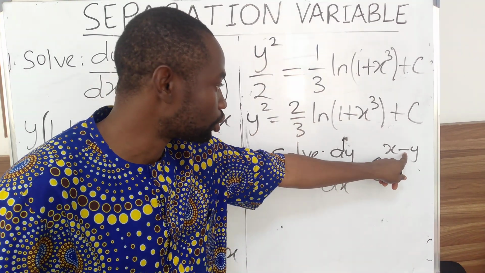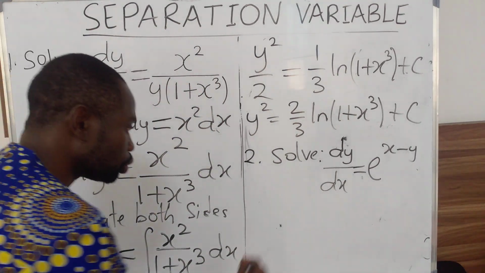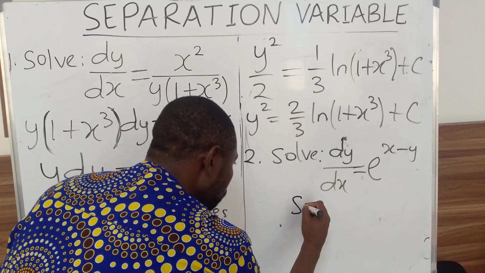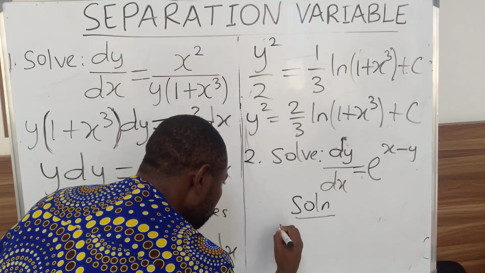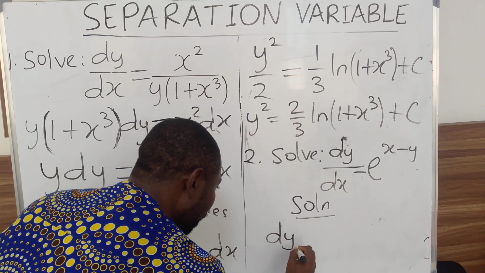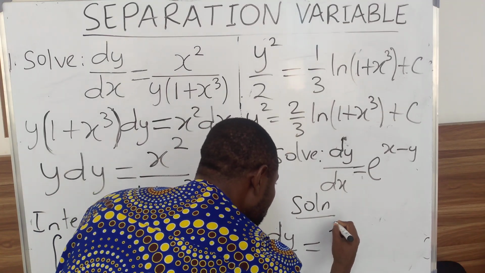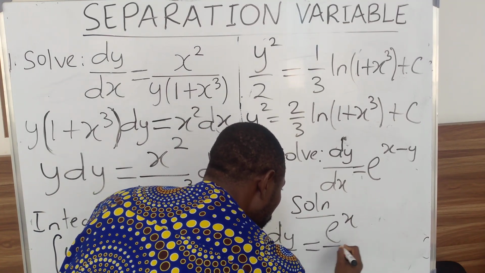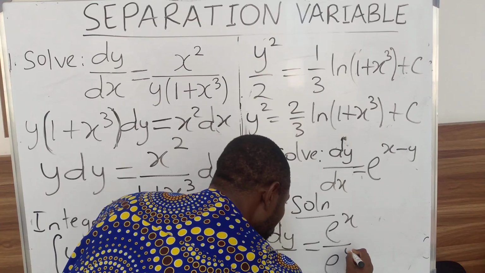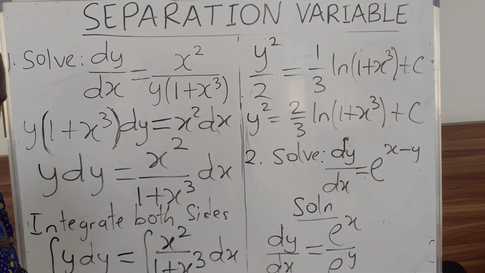I will turn this minus into division. So I will have dy dx is equal to e to the x over e to the y.